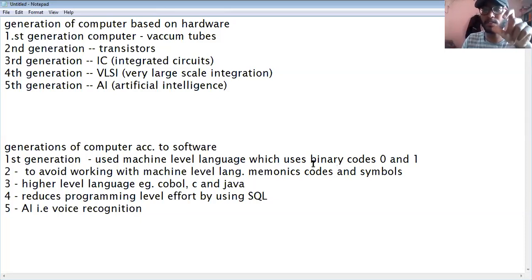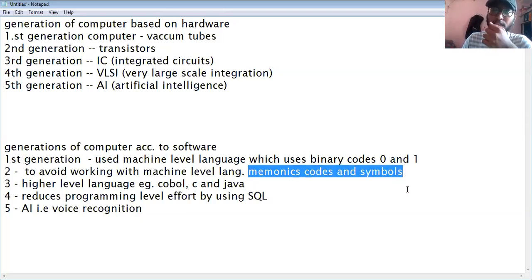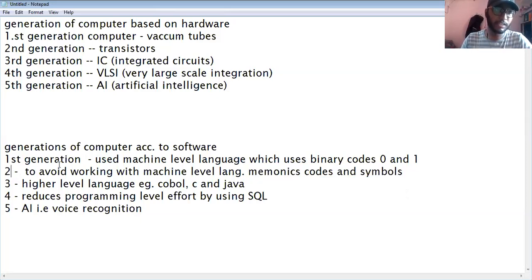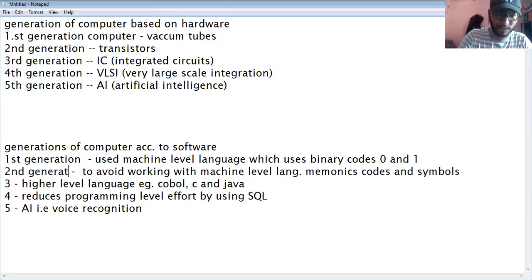In this way, certain binary codes are given to alphabets. In the first generation they used such codes. For avoiding binary code, they started using mnemonic codes and symbols, such as the ampersand symbol, dollar symbol, full stop, comma. These were started in the second generation.